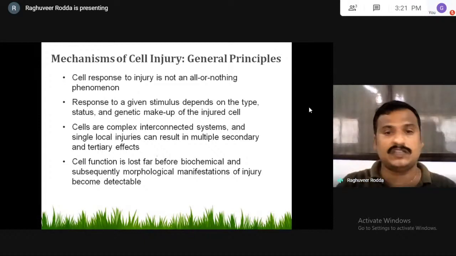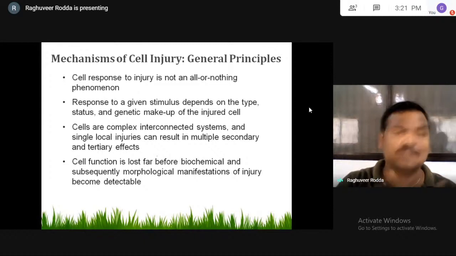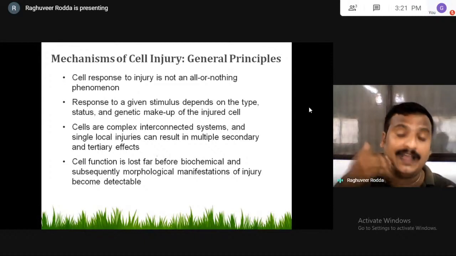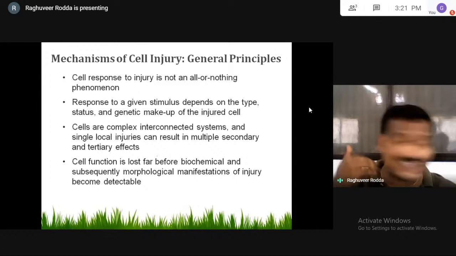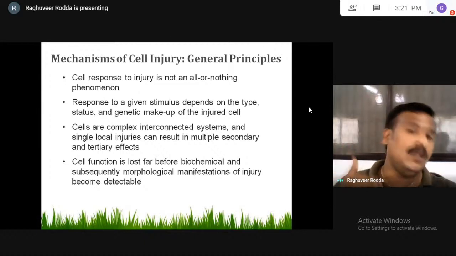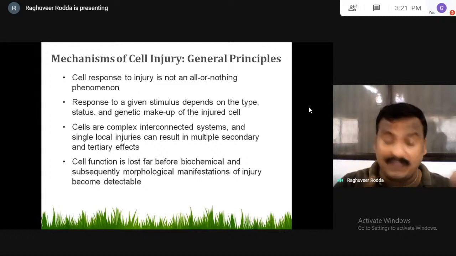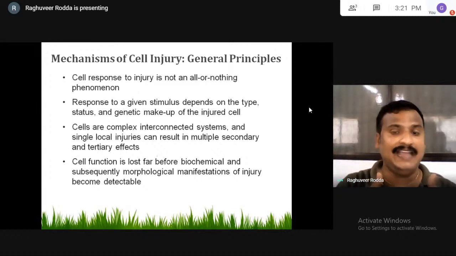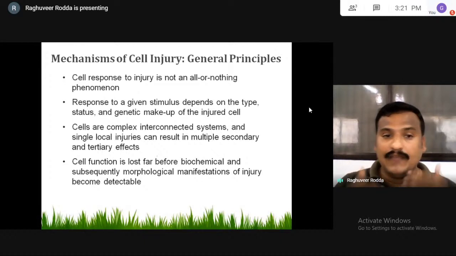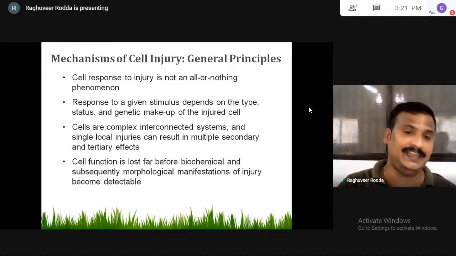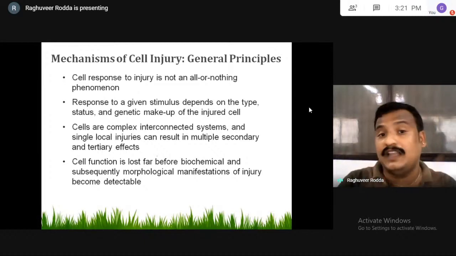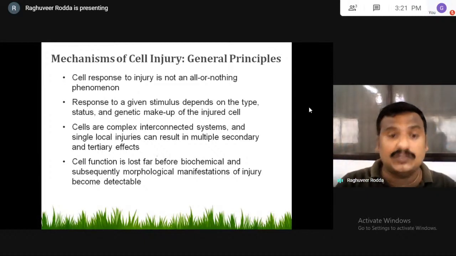They have interconnections and communication mechanisms with the help of cytoskeletons, with the help of various ions exchanged from one cell to another, forming a complex interconnected system. So a single local injury, the injury of one particular cell, may lead to secondary and tertiary effects.